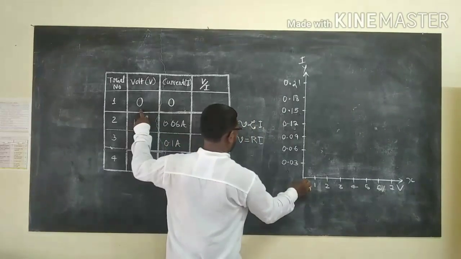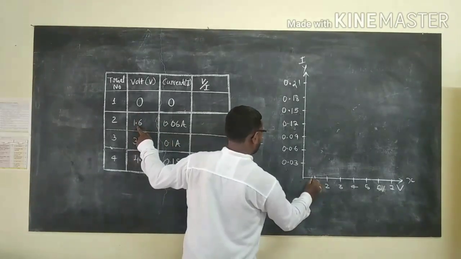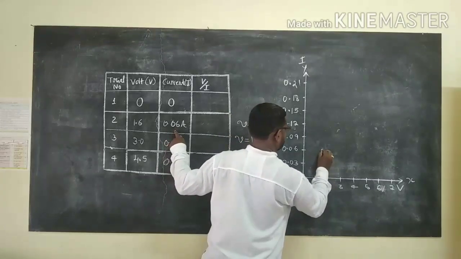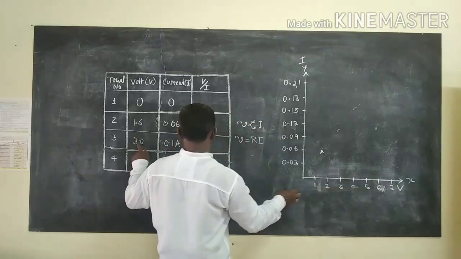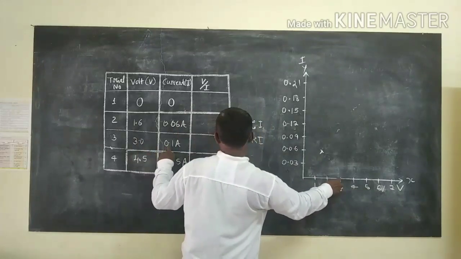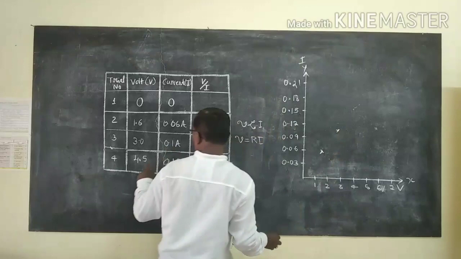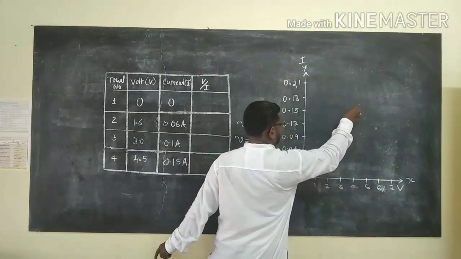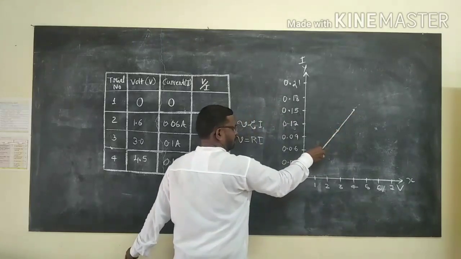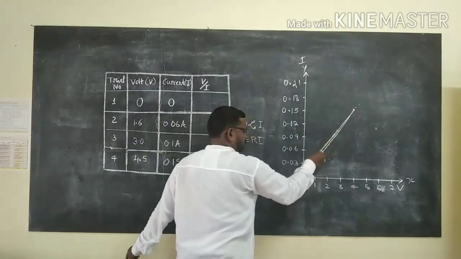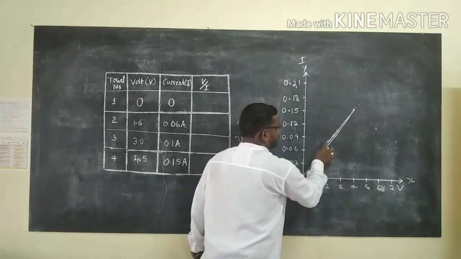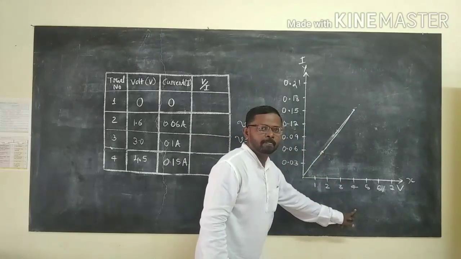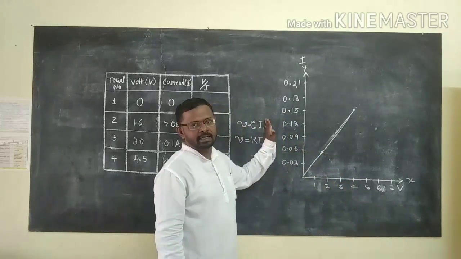Here 0, 0, then 1.6 with 0.06, then 3 with 0.1, and 4.5 here. If you join the points, you get a straight line. This straight line shows that voltage is directly proportional to current.